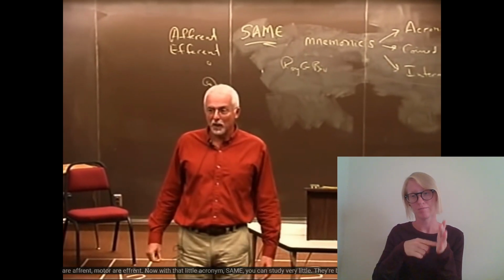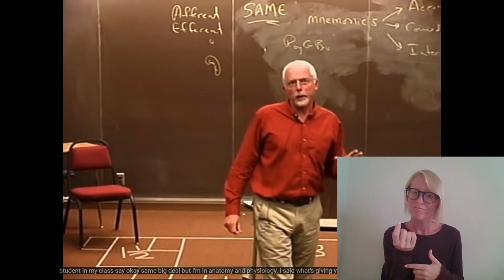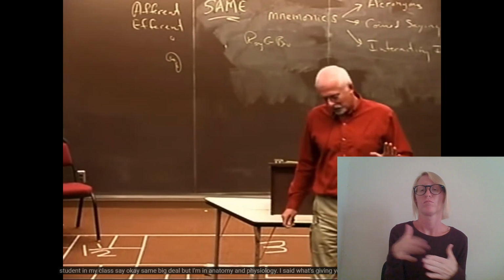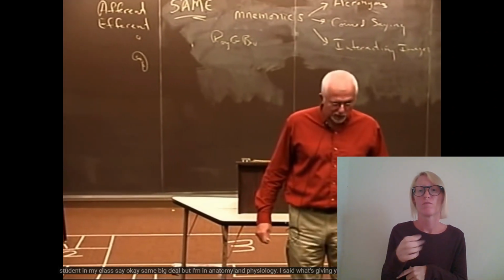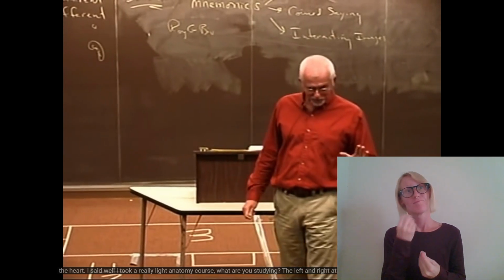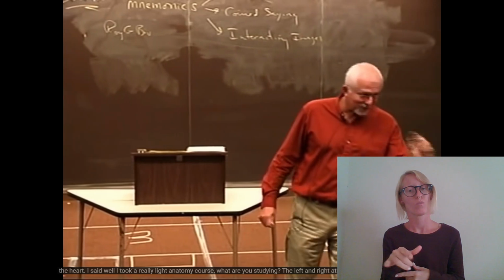They're both the same. Now, this is where I had a student in my class say, okay, same, big deal. But I'm in anatomy and physiology. I said, what's giving you a hard time? She said, we're studying the heart. I said, oh, I took a really light anatomy course. What are you studying? The left and right atria.